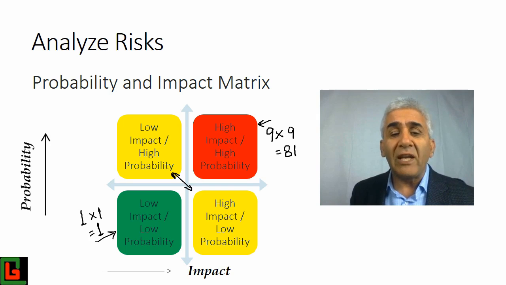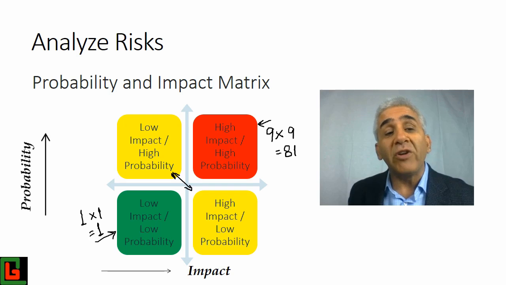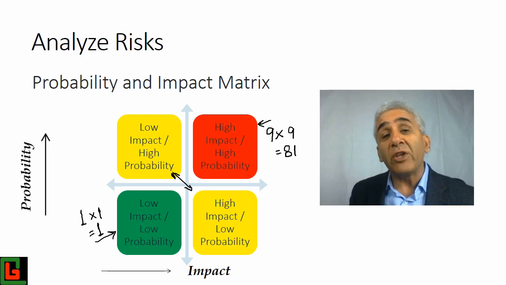Red ones, definitely you will attend to those things first. So that is the whole purpose of analyzing risk. So by analyzing risk, we put it into 3 different categories: the areas where we must take action, areas which we can ignore for the time being, or areas where you keep an eye on those and take action as and when need arises.